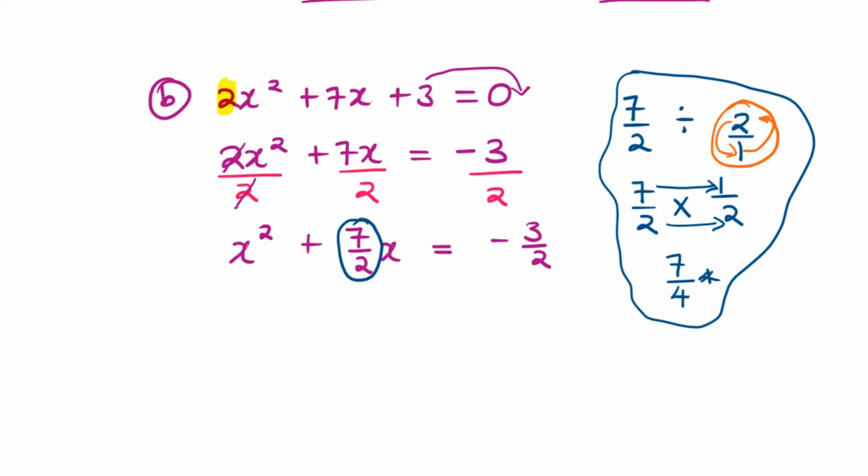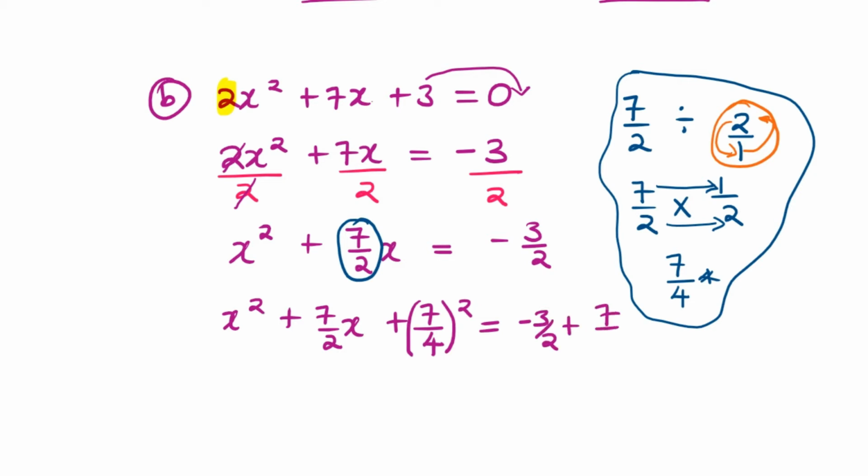So we'll take that one as a square. Alright, so we are going to write x squared plus 7 over 2 x plus 7 over 4, and this one we are squaring it, is equal to negative 3 over 2 plus 7 over 4 squared.